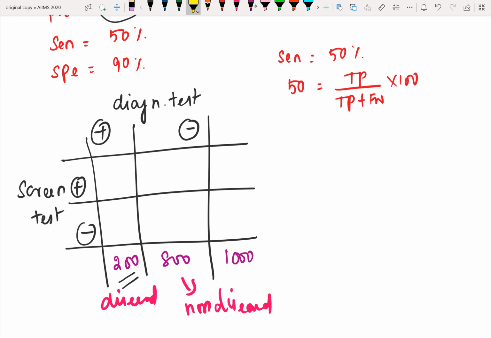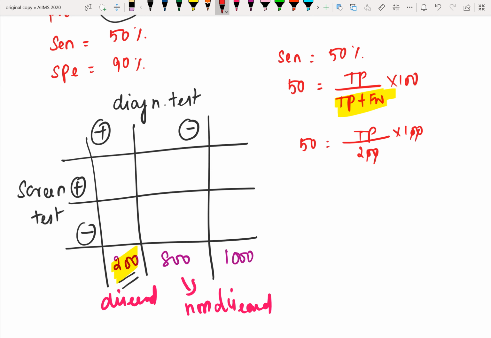Now comes the question, what is this true positives plus false negatives? Yes, it is actually the diseased, that is 200. Now we have to substitute it. So 50 is equal to true positives by 200 multiplied by 100. Is it fine? Yes.